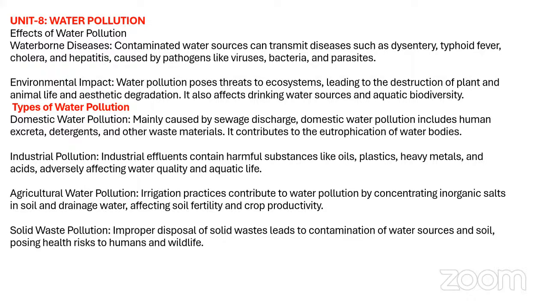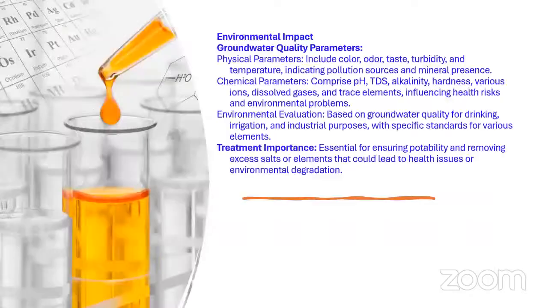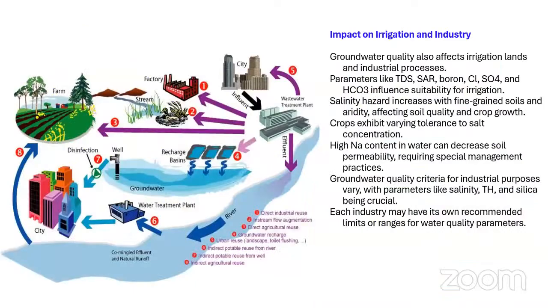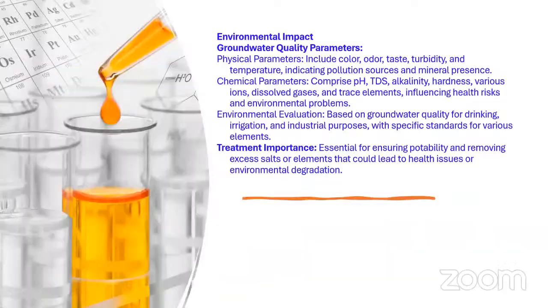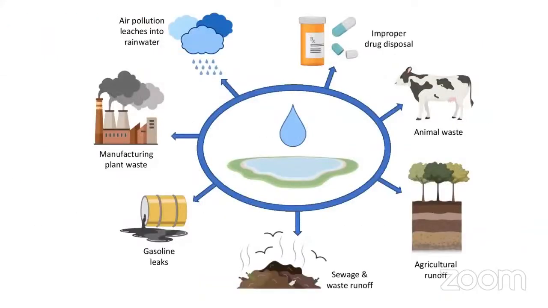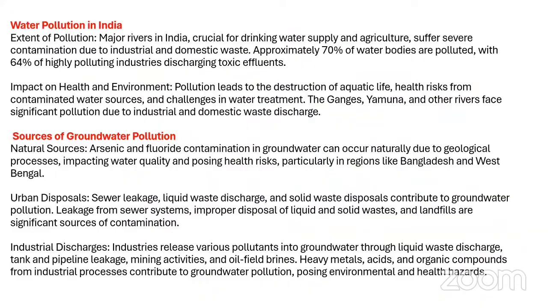In the previous slide, I discussed quality versus the different activities which may affect groundwater quality. Here, the different activities which may lead to groundwater pollution. So try to understand what I am trying to discuss in these slides. I hope you are understanding these slides.